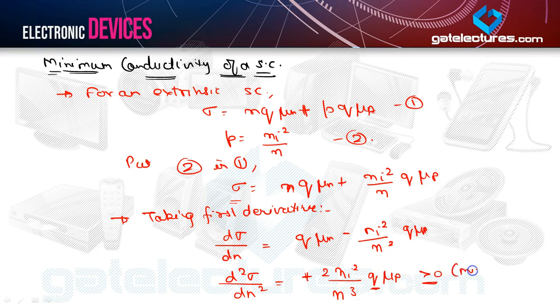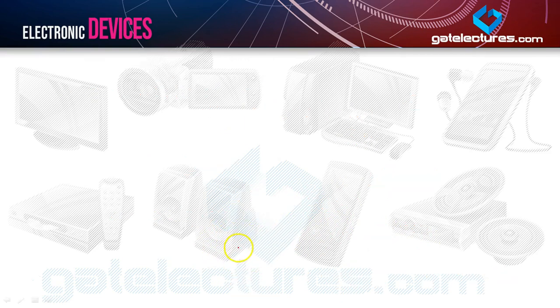The minima exists. So the minimum conductivity can be obtained by equating the first derivative to 0. It's clear that at a certain concentration the conductivity of a semiconductor will be minimum, because the second derivative is positive.